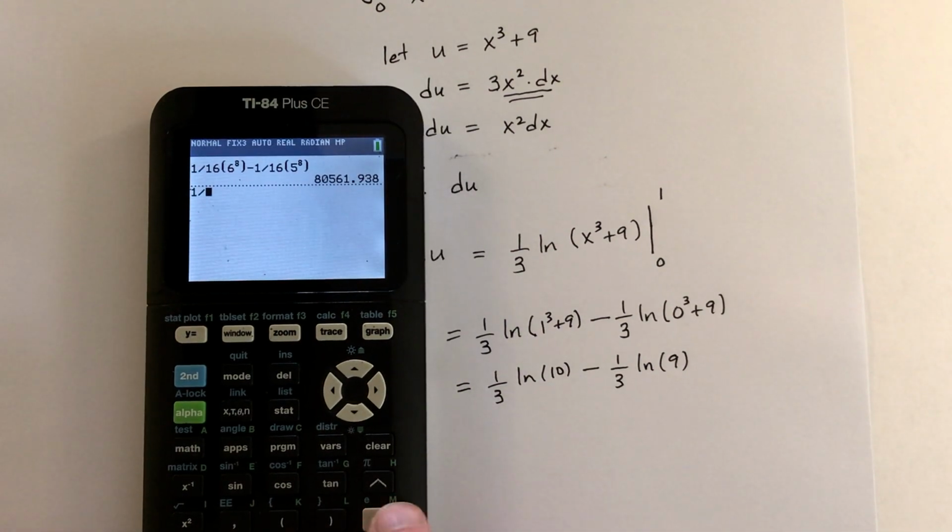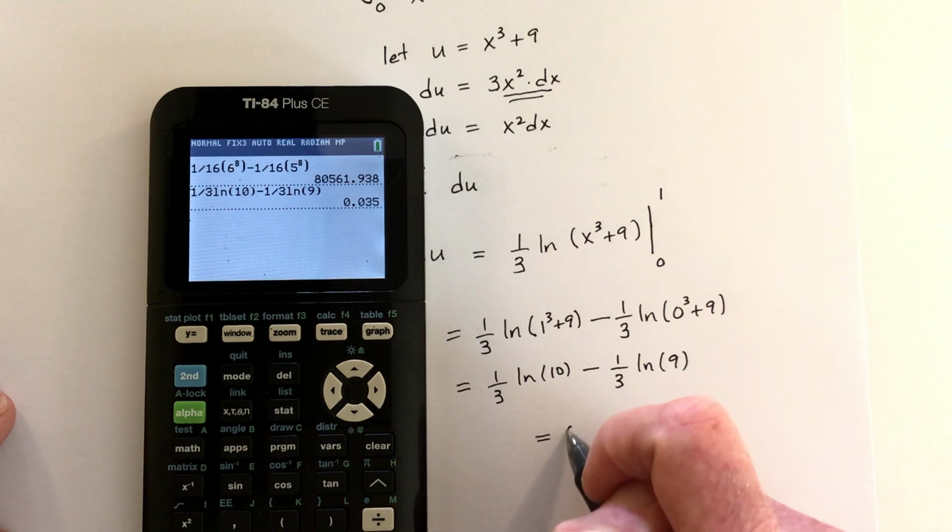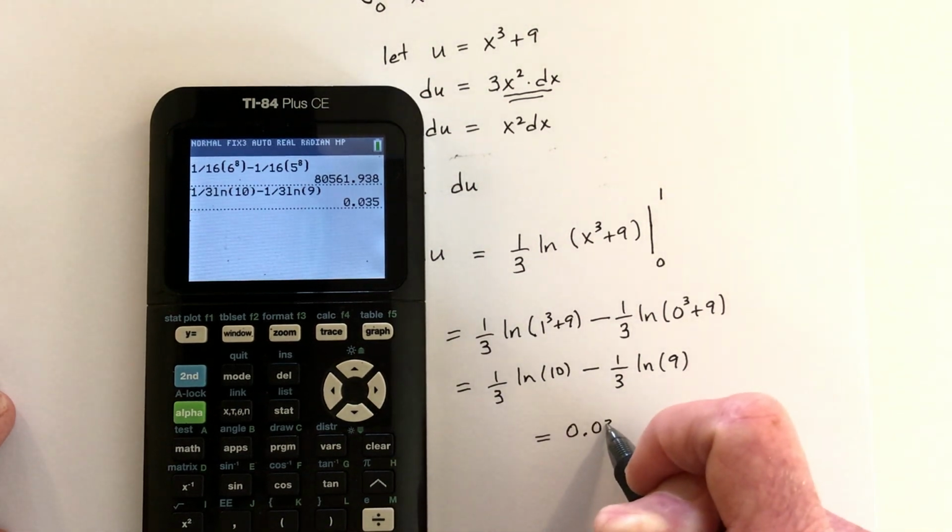So that's a 1/3, and then the natural log of 10 minus a 1/3, and then the natural log of 9. Make sure I typed everything. Okay. So the answer is very small. It's just 0.035.